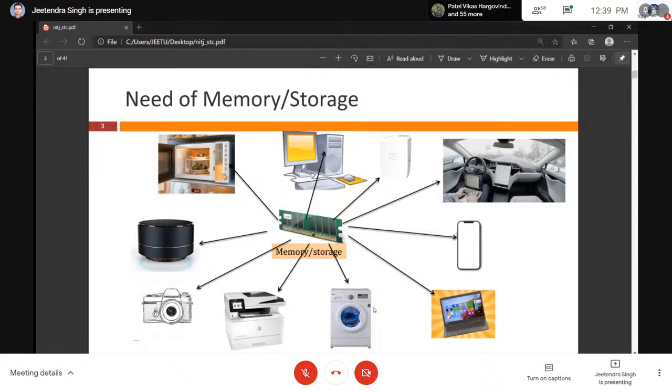When you are going to purchase a mobile phone, a 2 GB RAM has a smaller cost as compared to 3 GB RAM. There is almost a 5 to 6,000 difference only for 1 GB RAM. So the RAM, it may be static RAM or dynamic RAM.